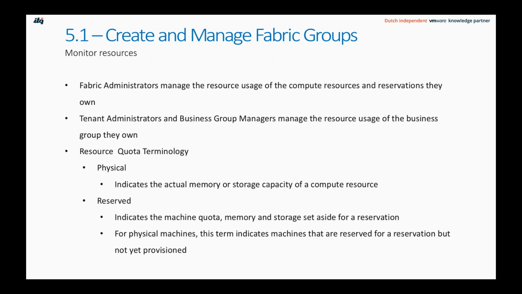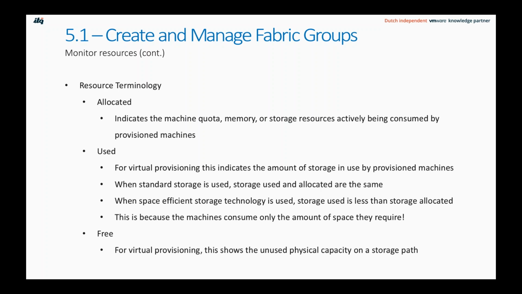For physical machines, this term indicates machines that are reserved but not yet provisioned. Allocated indicates the machine quota, memory, or storage resource actively being consumed by the provisioned machines. The used label is for virtual provisioning.